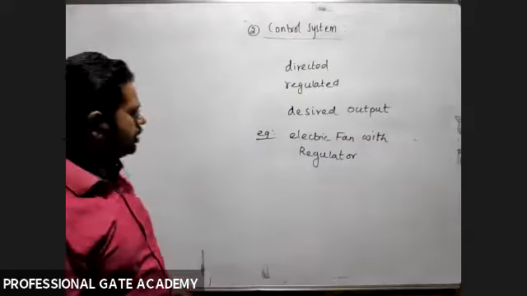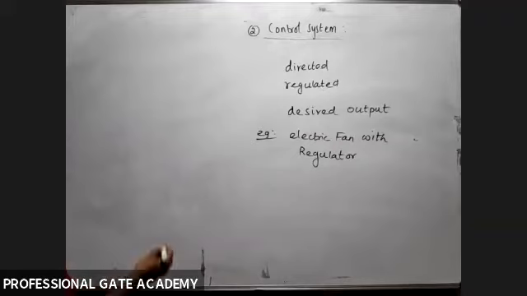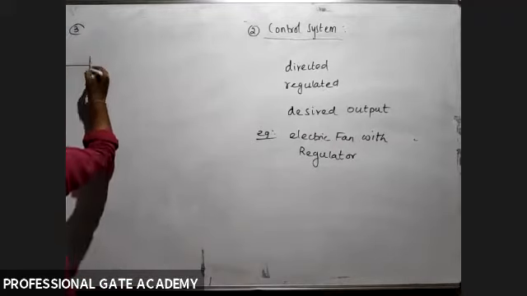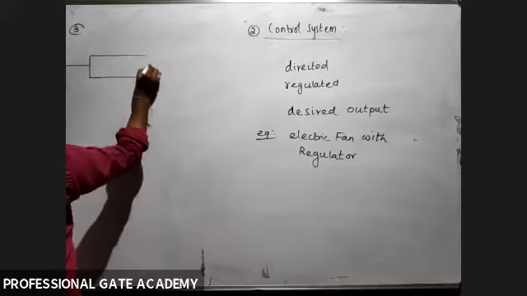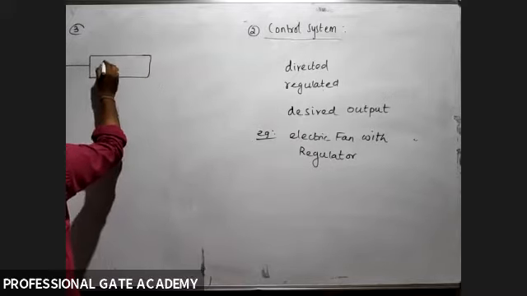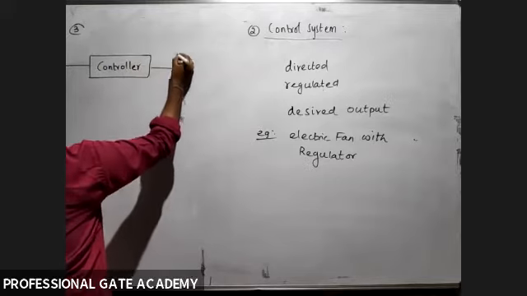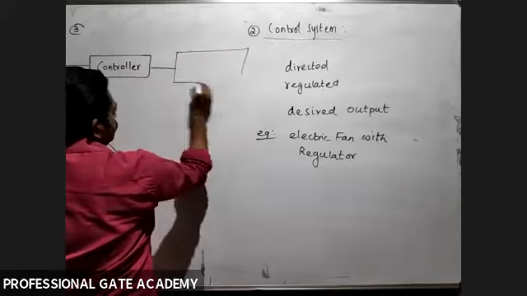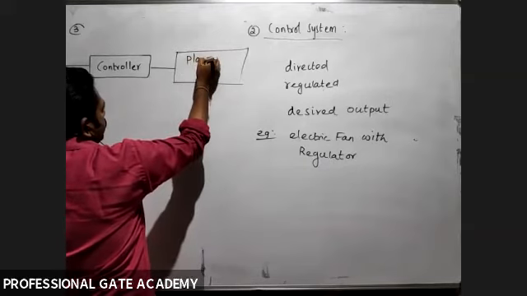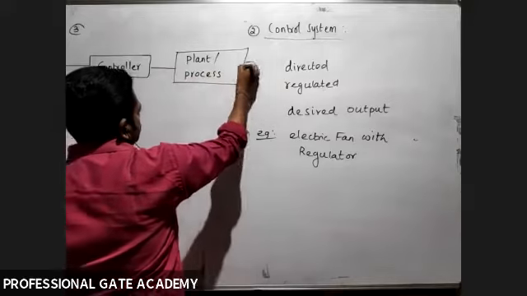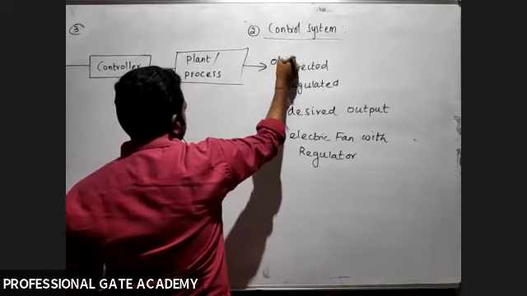Okay. Now take the block diagram of control system. Take controller. This is plant or process. Then output.